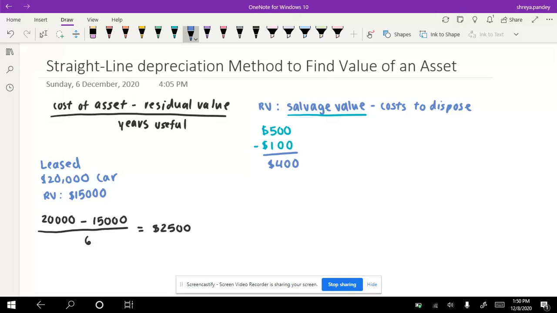So now that we know this, we can use it to calculate its depreciation value. We will take the original cost, so $2,000, minus $400, divided by the 5 years it was useful. This will give us a depreciation value of $320.